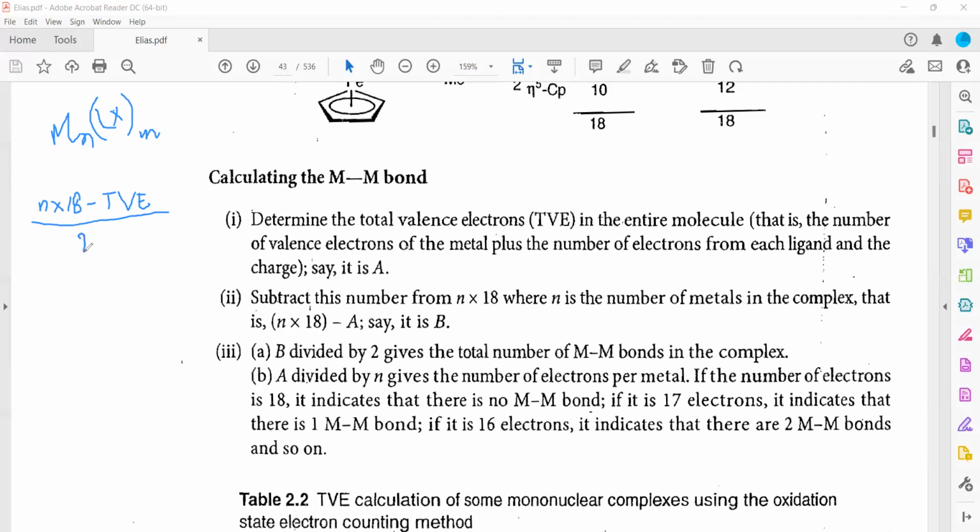That will give you the number of bonds, right? Because anyway, if the complex has n number of metals, you really need 18 into n electrons. Okay. So that will give you this formula. Now let us use this formula and solve questions.